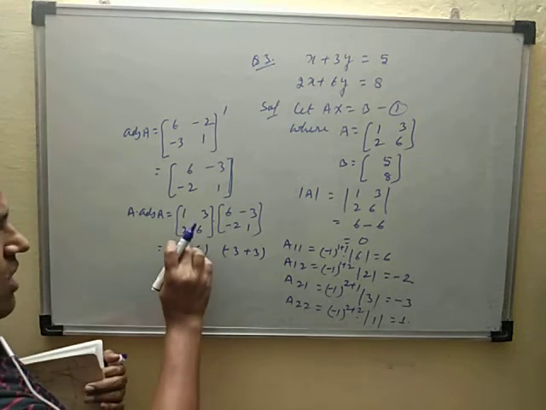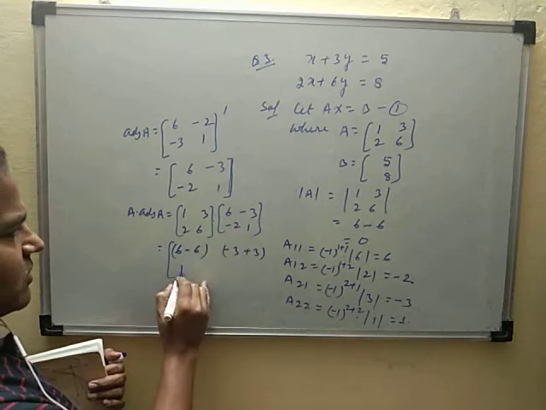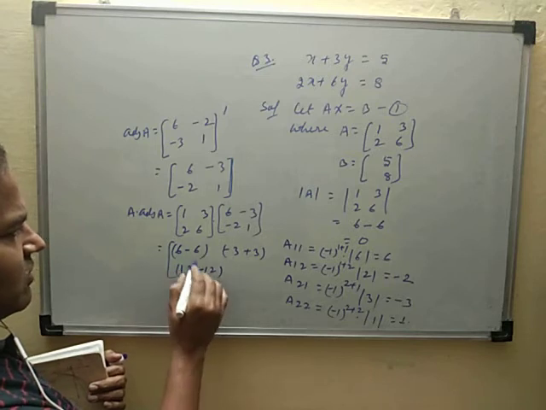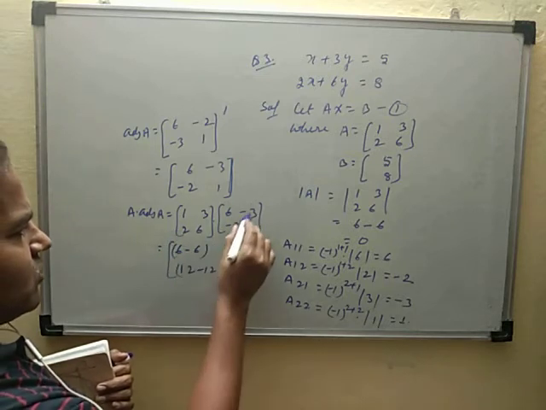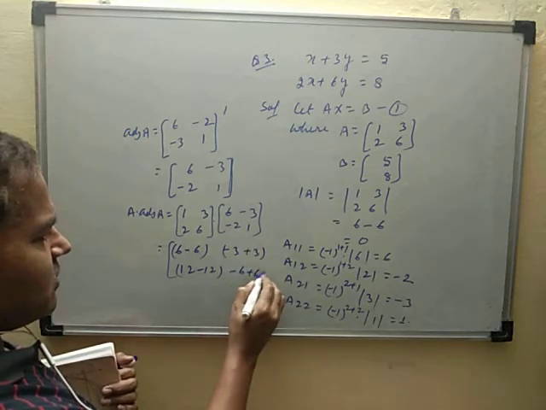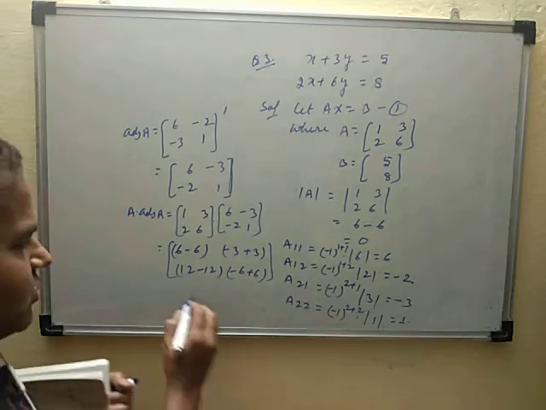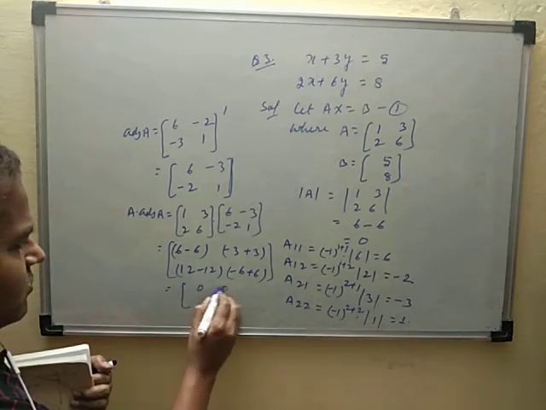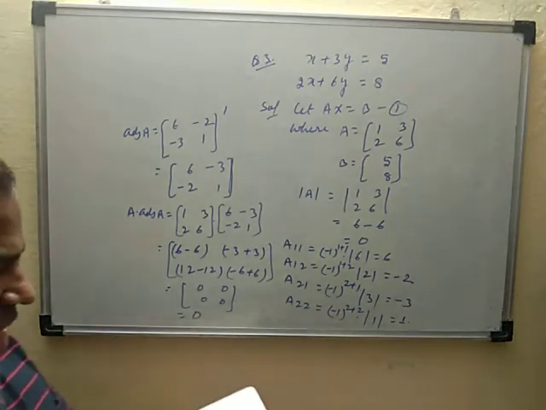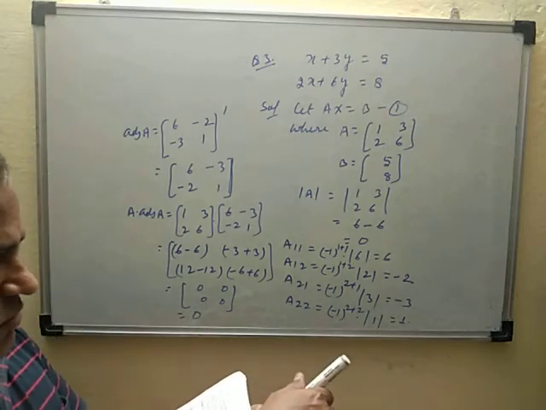Now R2 into C1: 2 into 6 is 12, 6 into minus 2 is minus 12. Now R2 into C2: minus 6 plus 6. So all entries are 0, that is this matrix is 0. So the value of A into adjoint of A is equal to 0.